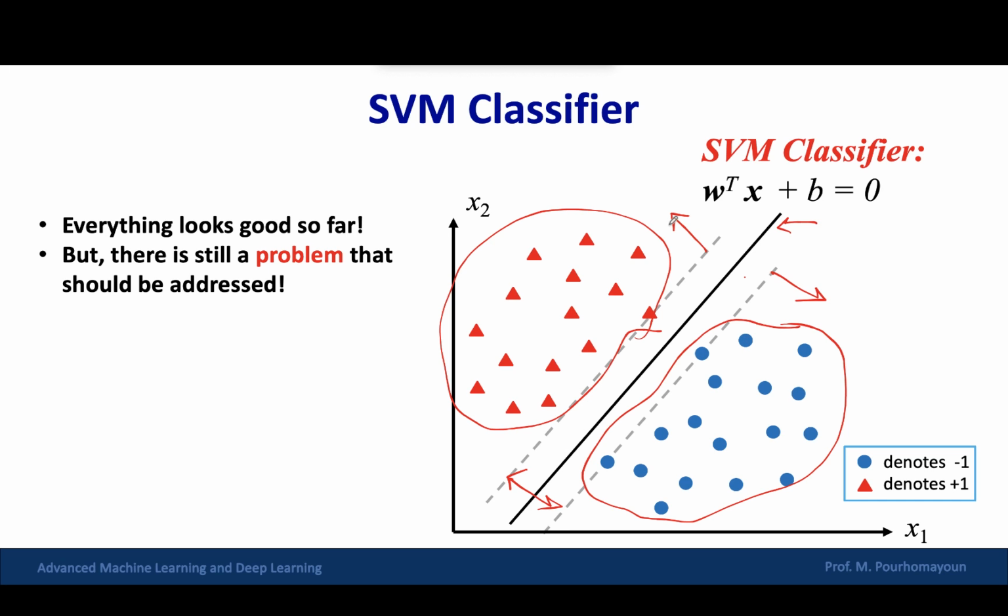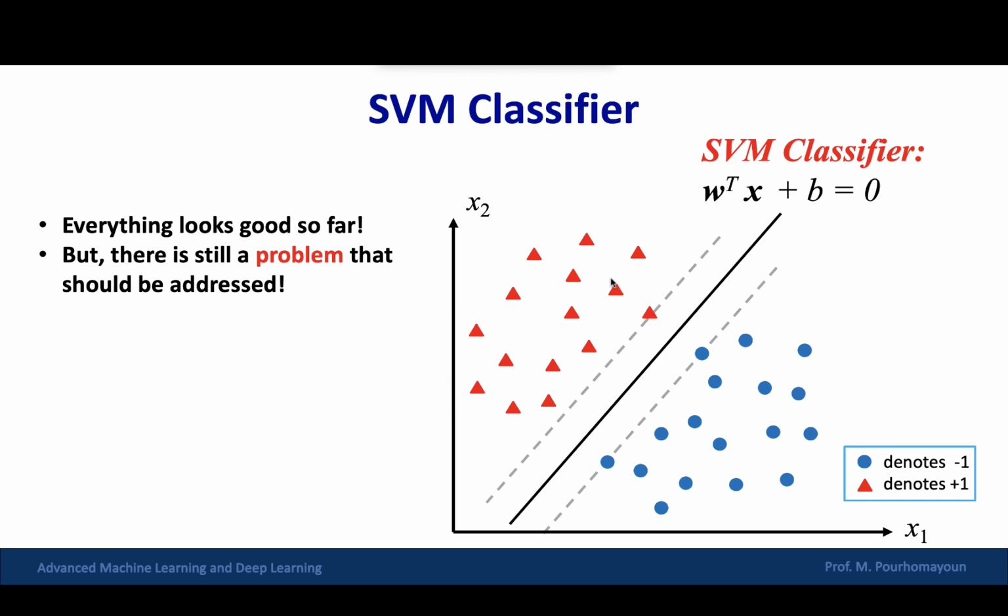So far I assumed that all of the red ones are on the left-hand side of a line, and all of the blue ones on the right-hand side of another line, and I tried to find that line.